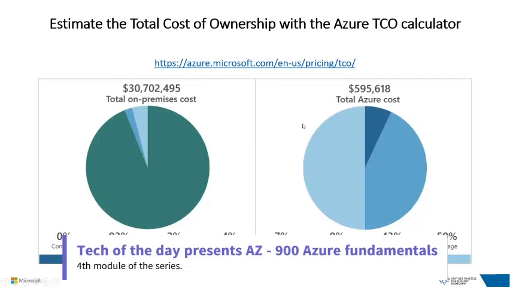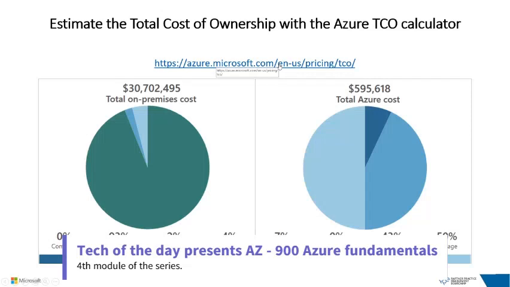In the end, you might have this type of explanation, like where your on-premises cost is around this much, and your total Azure cost is reduced to this much. This is obviously for big companies, but for smaller ones, the difference might not be on that ratio. This looks a bit different.